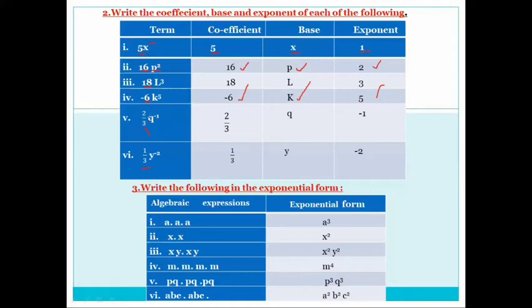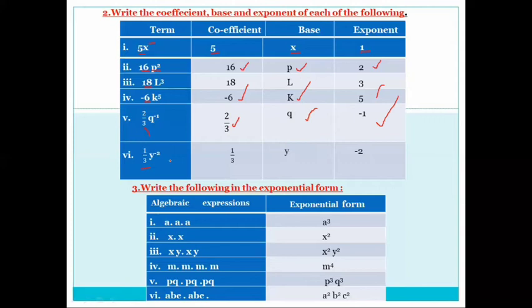Now here we have 2 over 3 q power minus 1. Now 2 over 3 is the coefficient, q is the base, and minus 1 is the exponent. Dear students, in this fifth part, 2 over 3 q power minus 1 means 2 over 3 is the coefficient, q is the base, and minus 1 is the exponent.